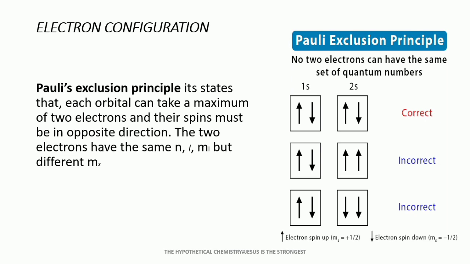Don't forget, in quantum numbers, we learned that the p, d, and f orbitals are degenerate orbitals. Very good.